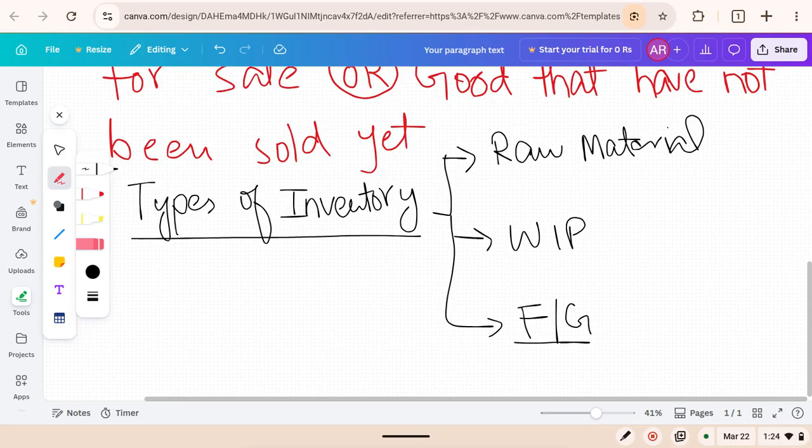What are raw materials, what is work in process, and what are finished goods?